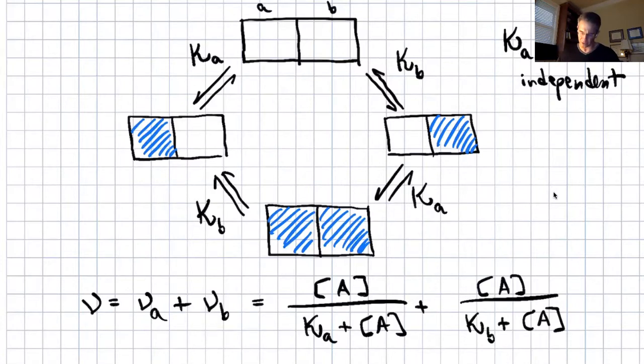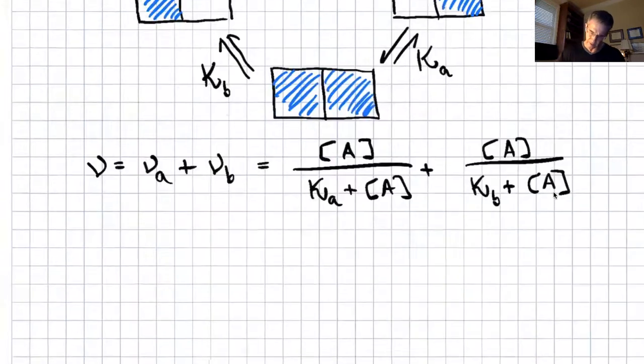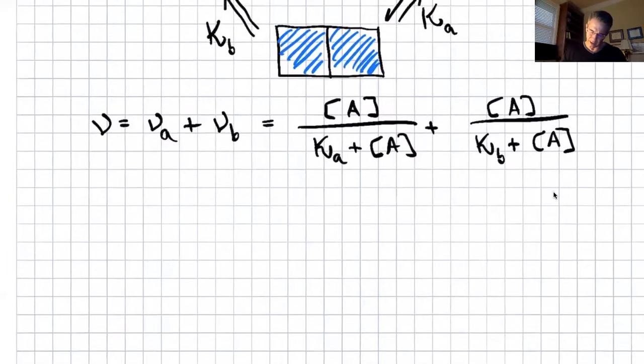They're independent, so we can just sum them. Well, that's kind of cool, because if that's the expression, all I've got to do is find a common factor and I can just add those things up.